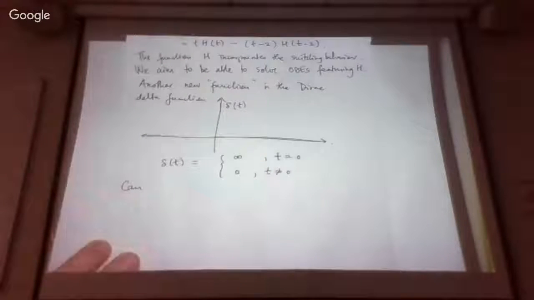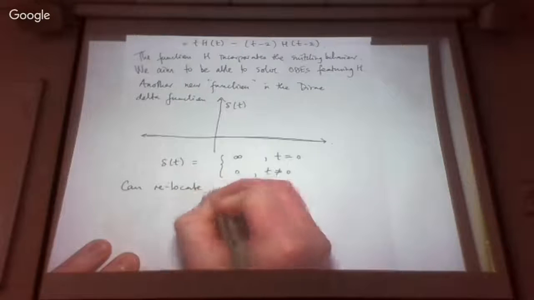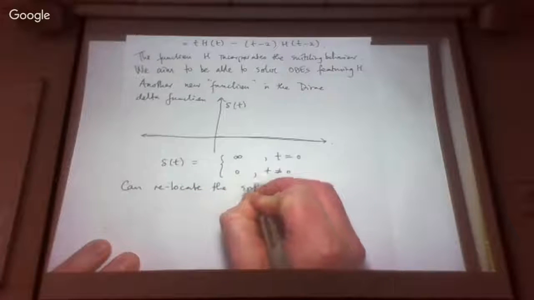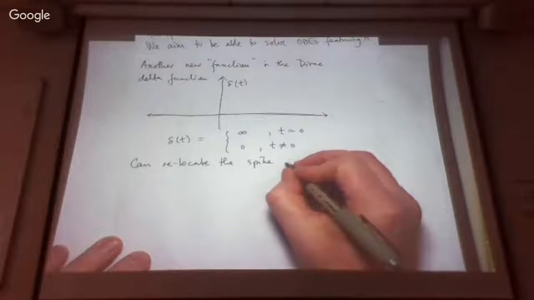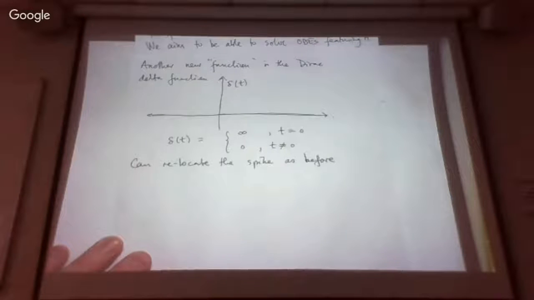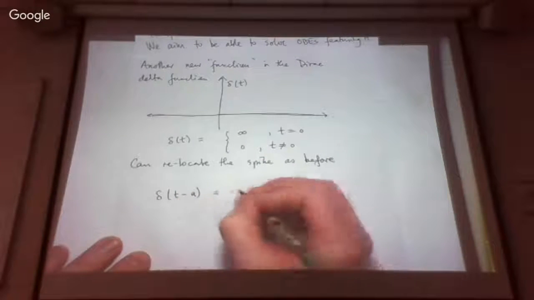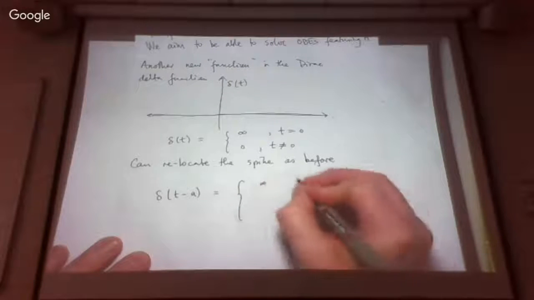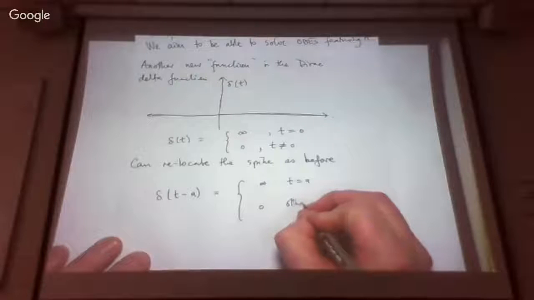Just like for the Heaviside function, we can relocate the spike. As before, like we relocated the switch with the Heaviside function, we can look at delta of t minus a. So this will have the infinity value at t equals a, and 0 otherwise.